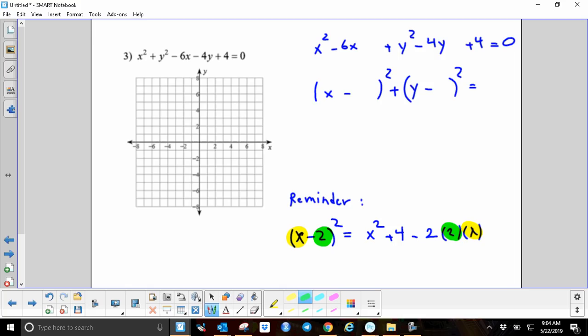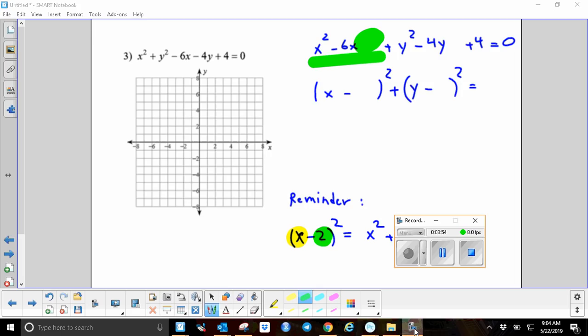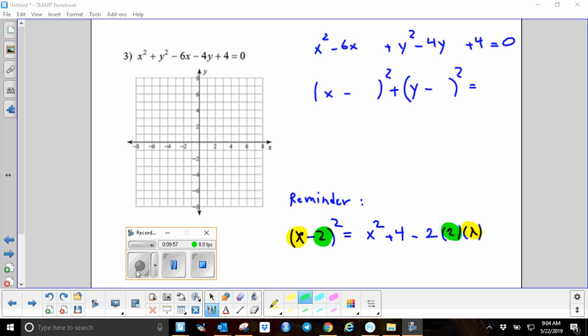Now, I need something here to make it a perfect square. I'm going to give you a minute to find that out. So obviously, this is x. This is minus 2 times 3 times x.